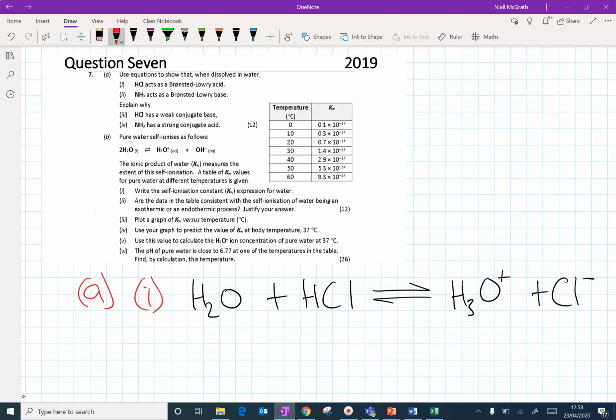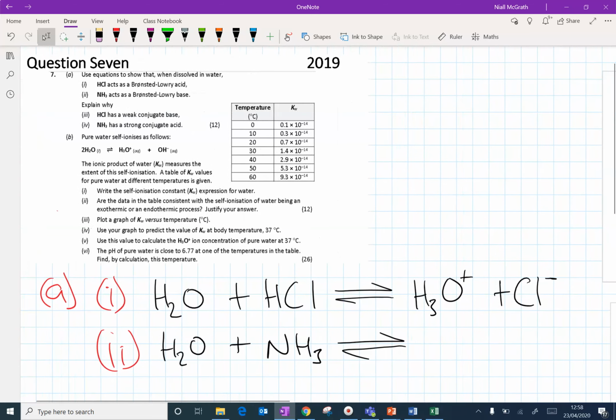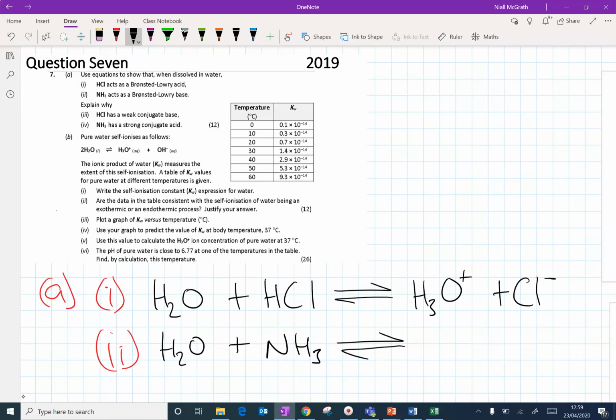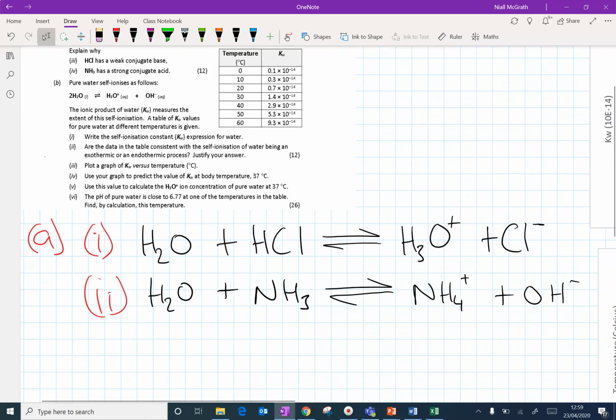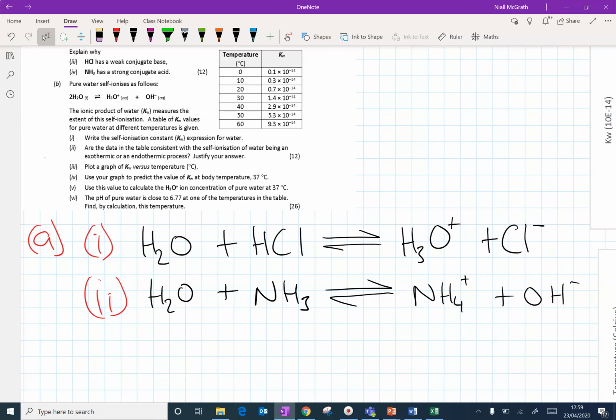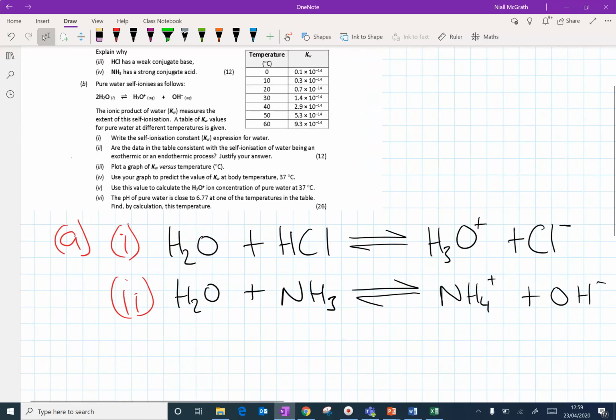And then if we look at the second part, H2O plus NH3, a base is a proton acceptor. So here we're going to have NH4 plus plus OH minus. So there are two equations we need for part 1 and part 2.